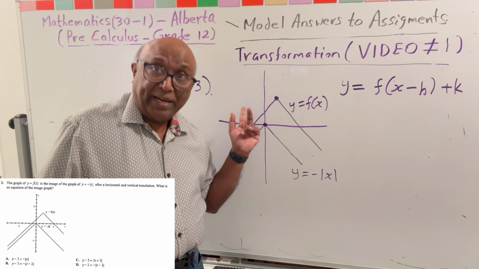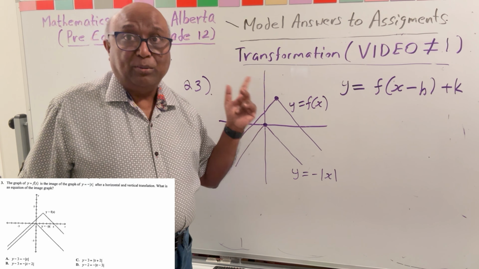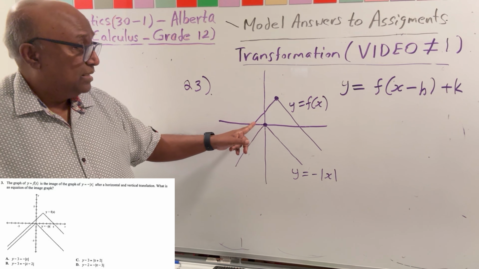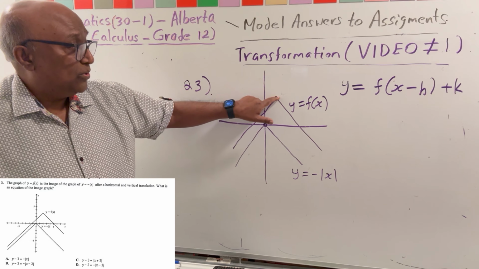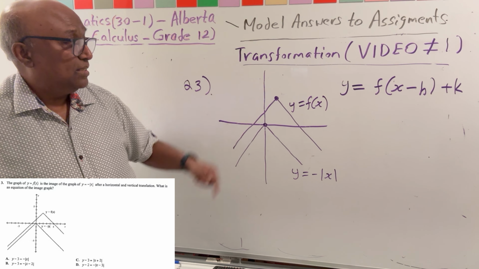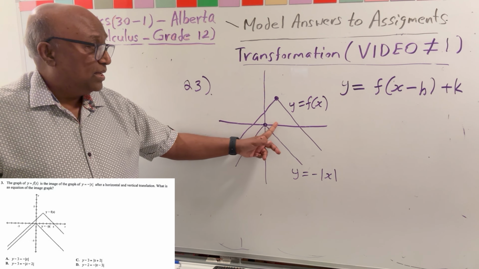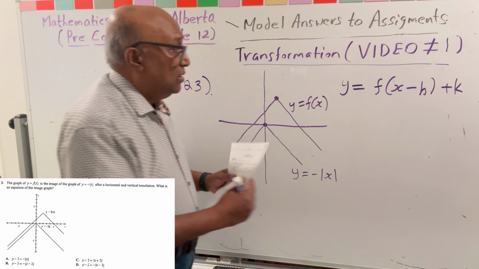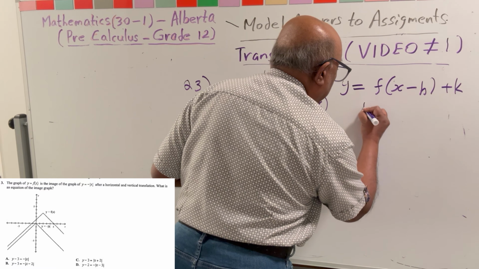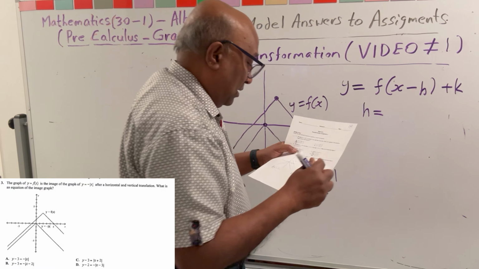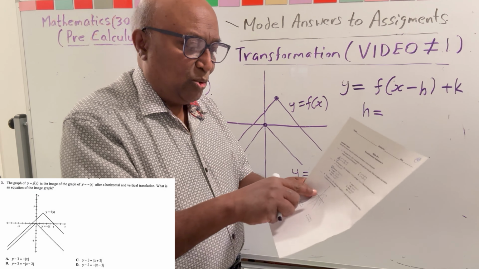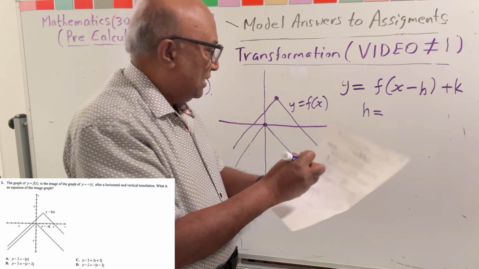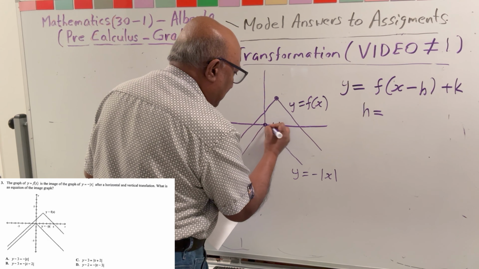In order to identify how the position has been changed, let's consider the movement of this key point and this point. Horizontal movement, that is the h value; vertical movement, the k value. What is h? Let's read this coordinate. Actually, by looking at the actual diagram of the paper, we see that there are two grids here, 1 and 2.